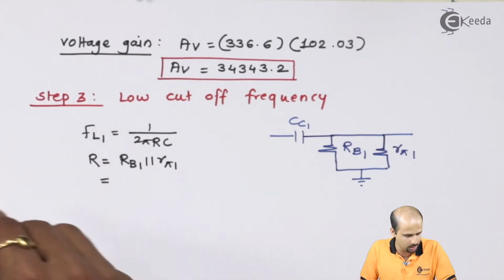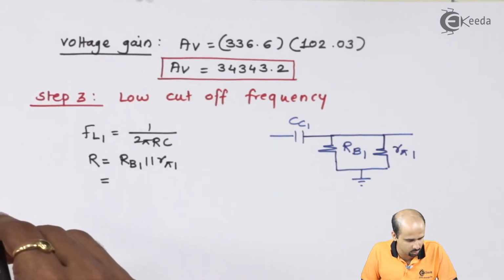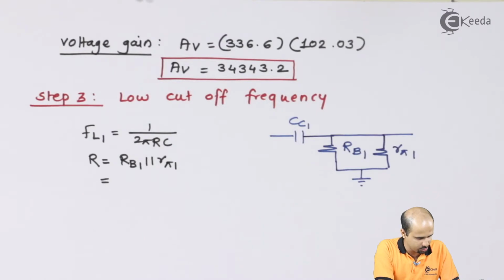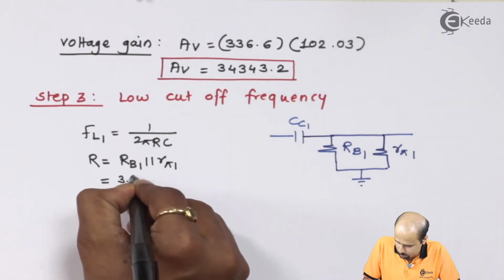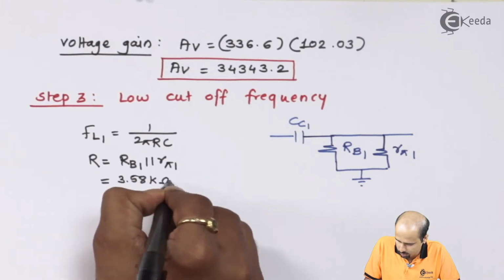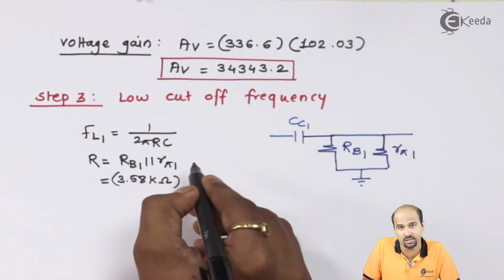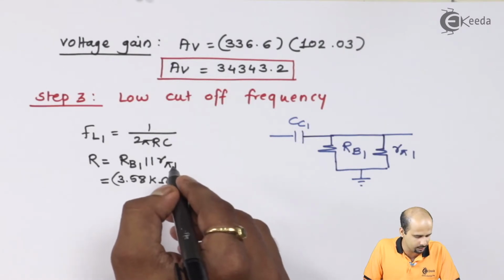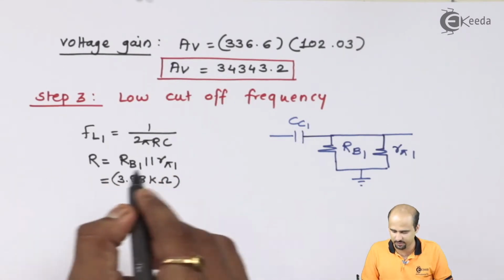RB1 is around 3.58 kilo ohm. Let me check. Yes, this value is 3.58 kilo ohm, and R pi is nothing but beta multiplied by Re, where Re is equal to 6.53.